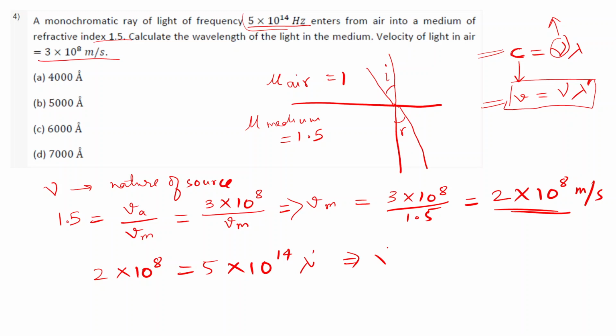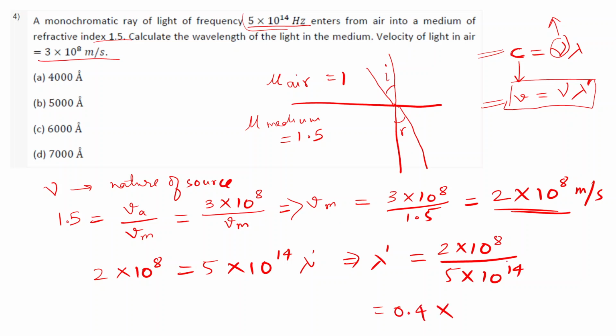So the wavelength in this medium will be 2 times 10 to the power 8 divided by 5 times 10 to the power 14. Calculating 2 divided by 5, we get 0.4.